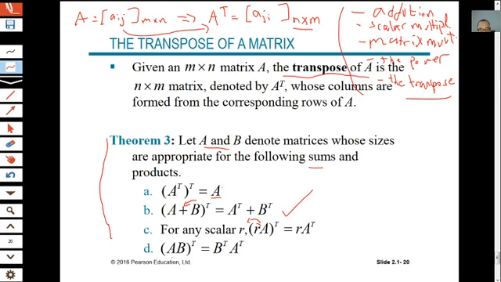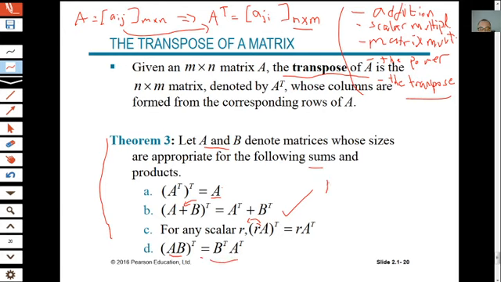And when we apply the transpose operation for the matrix multiplication, here this is important, we change the order of the matrices. As you can see, A times B transpose is equal to B transpose times A transpose.